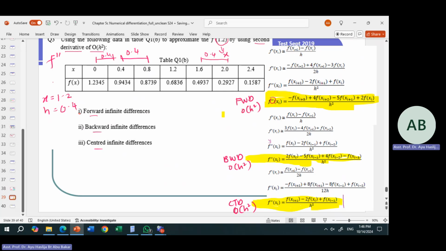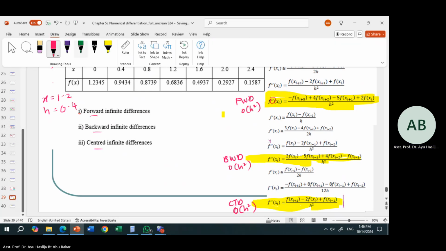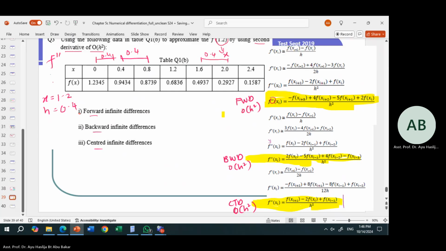Now, forward, okay, so overall, you need your points up to x i plus 3 and x i minus 3. Okay, in the table, where is your x? Your x is 1.2, right? Okay, so this is your x.